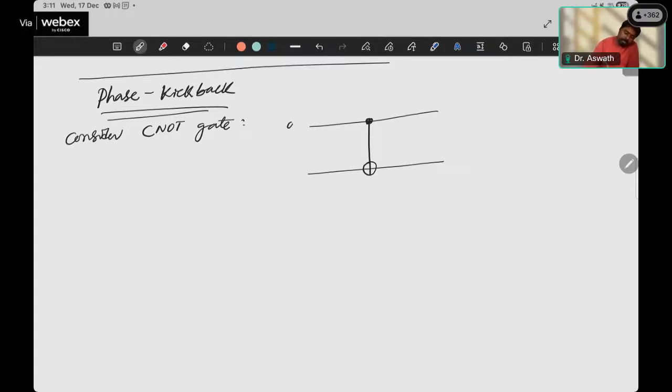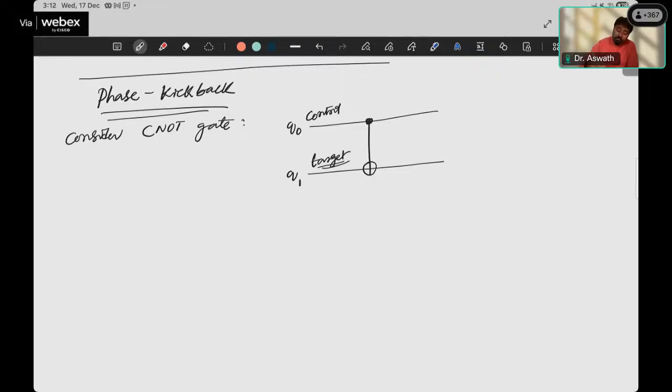Let's say there is qubit 0 and qubit 1. Depending on qubit 0, the target gets manipulated, changes. Whether it flips or not is decided by the control.